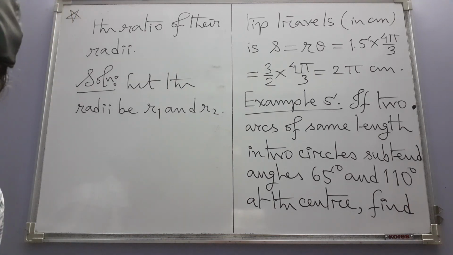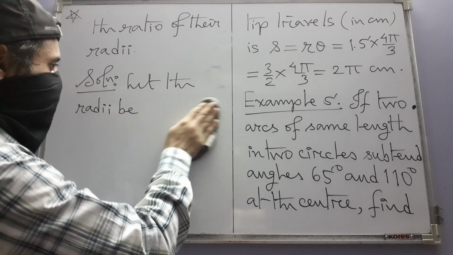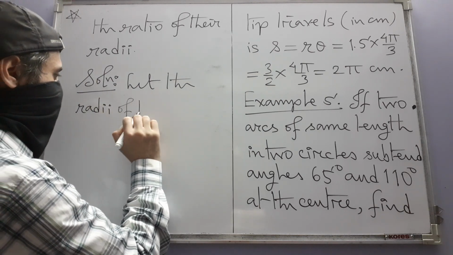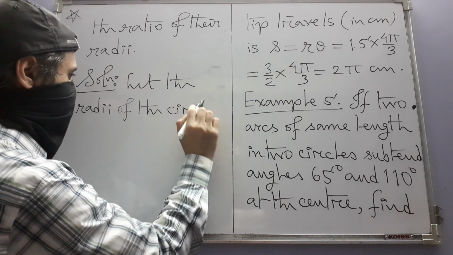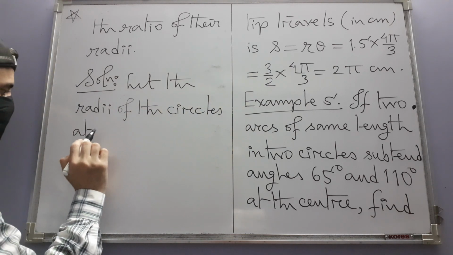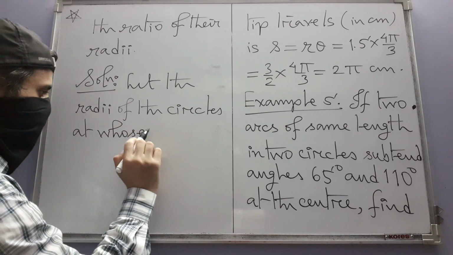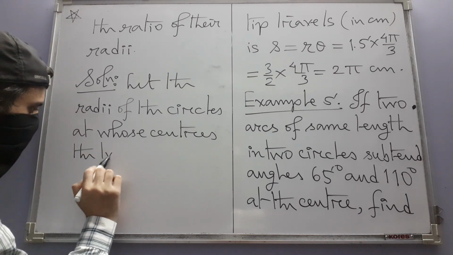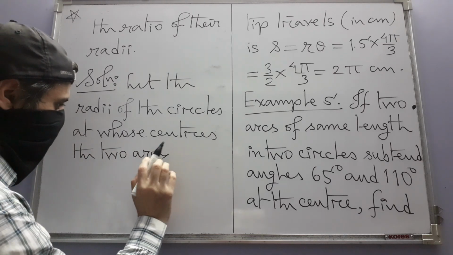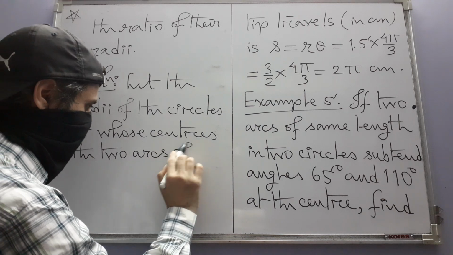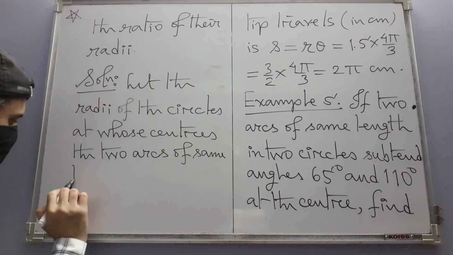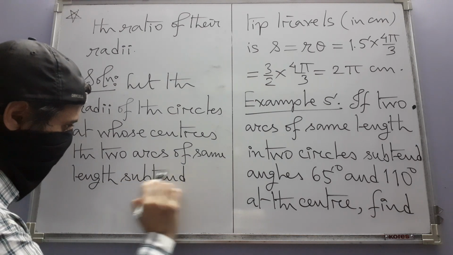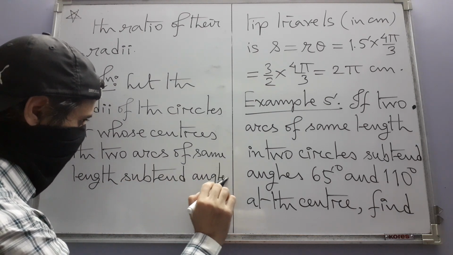Let the radii of the circles at whose centers the two arcs of same length subtend angles.